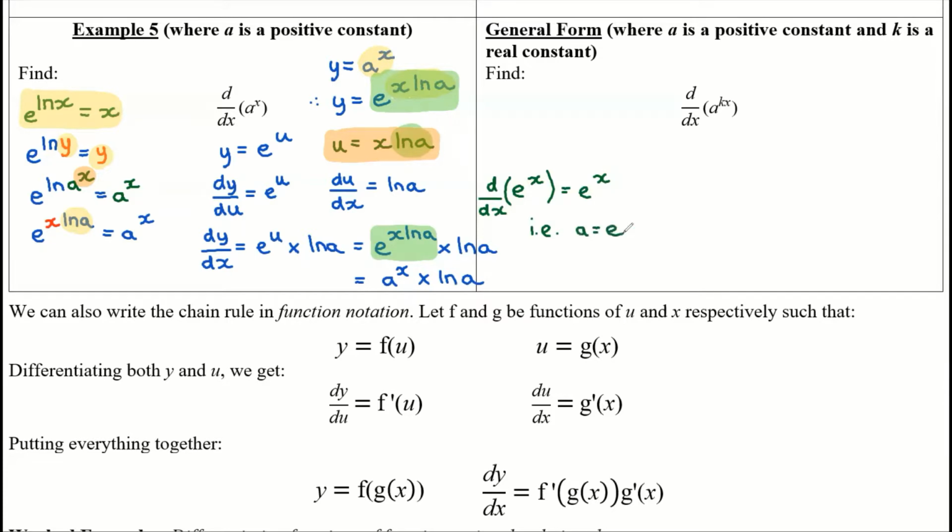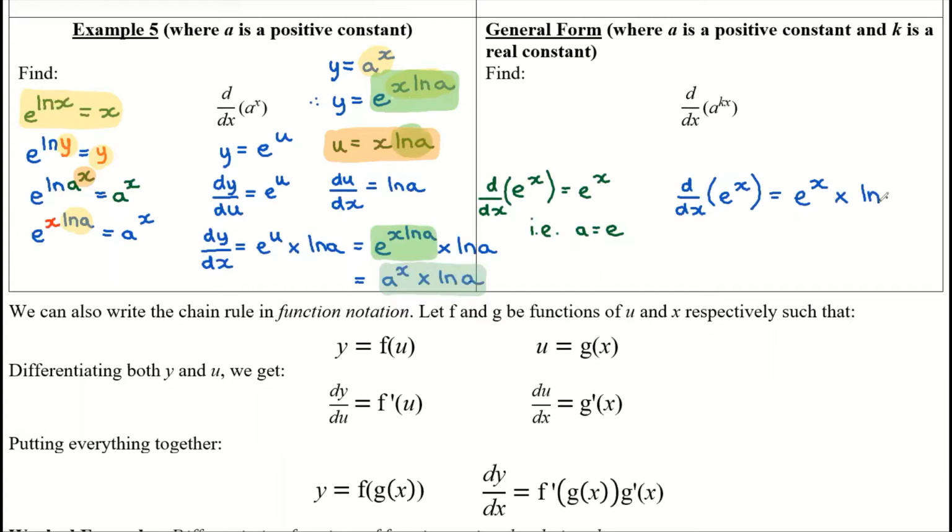Okay, so if a was equal to e, what would happen? Well, we would get this. So you would get d by dx of e to the x would equal, using this result that we've just found, this result here, you'd get e to the x back multiplied by the natural log of the base.